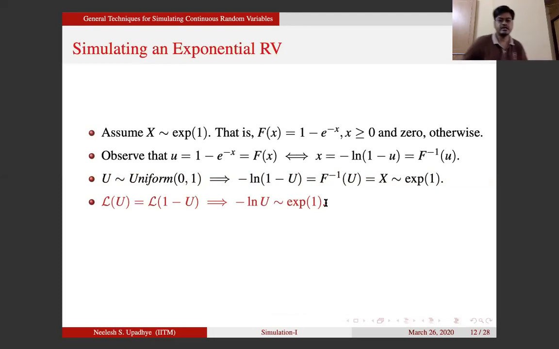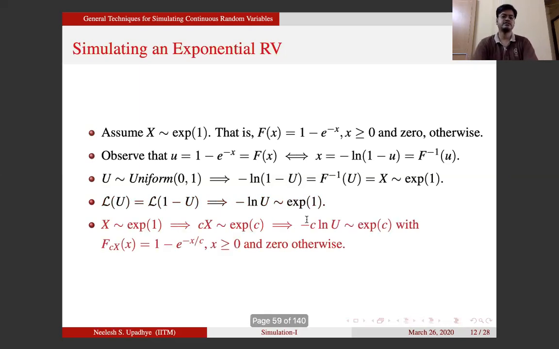Now can I generalize this for any exponential random variable with mean c? The answer is yes, and this is the result. If X follows exponential 1, then cX will follow exponential with mean c. This is known to you. So if minus ln of U follows exponential 1, then minus c times ln of U will follow exponential with mean c.